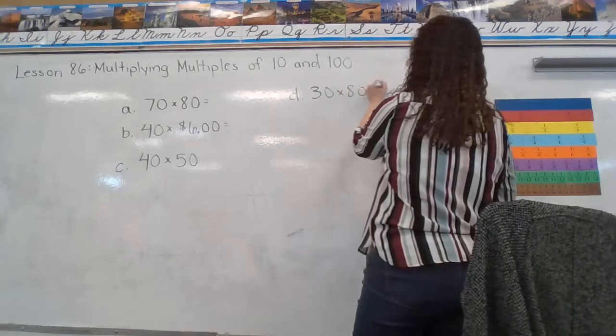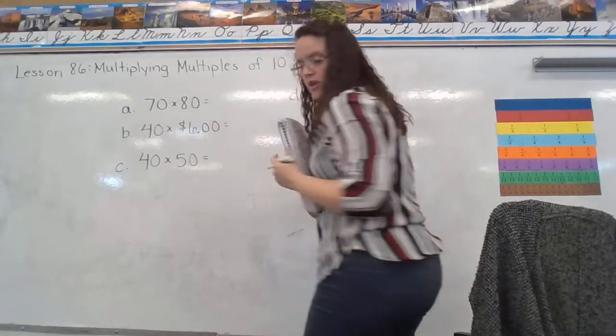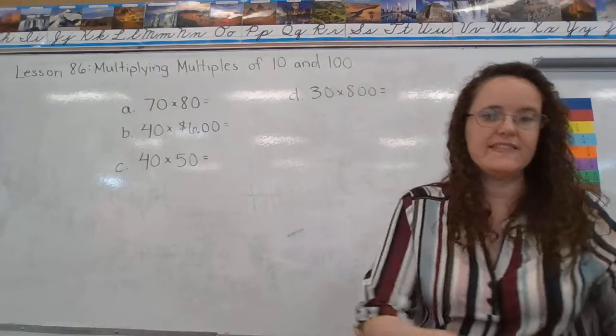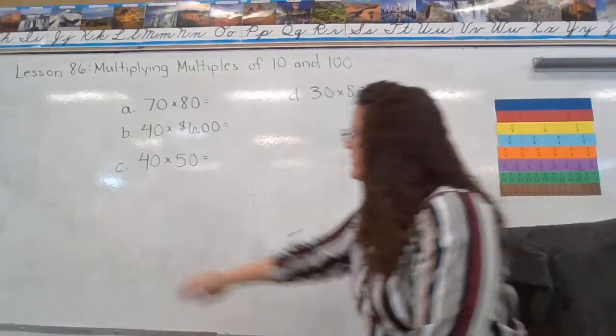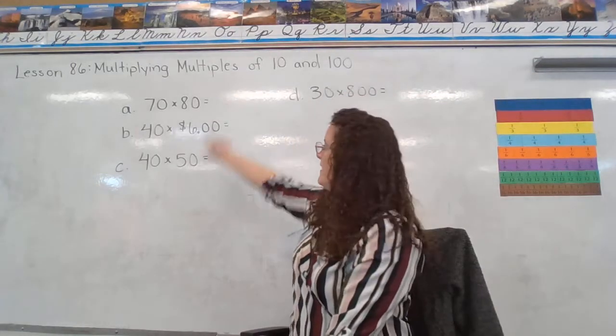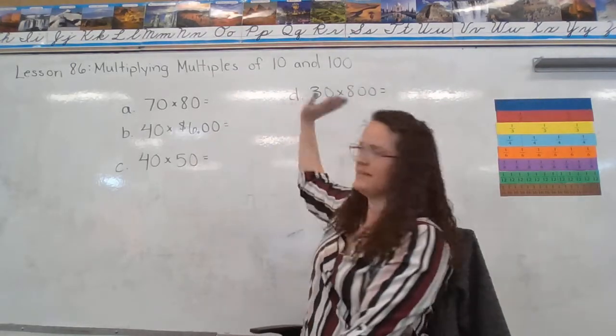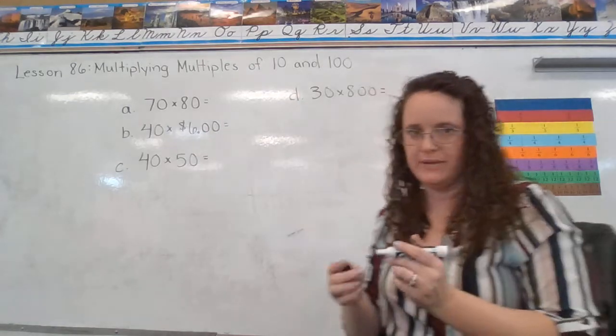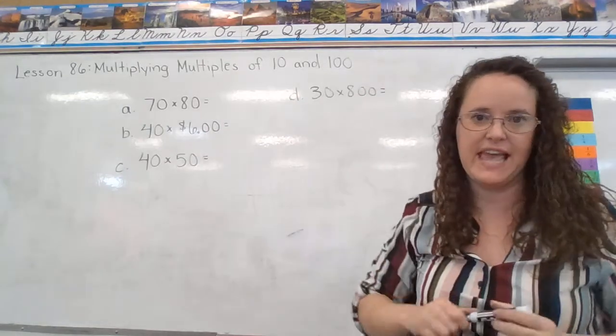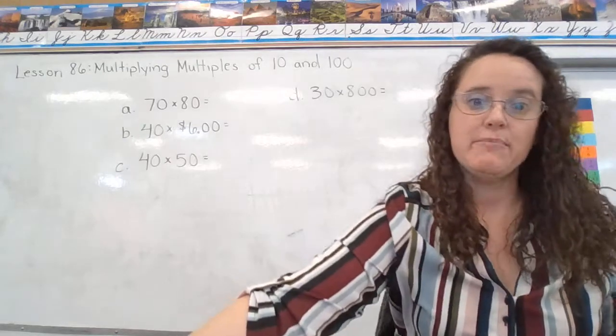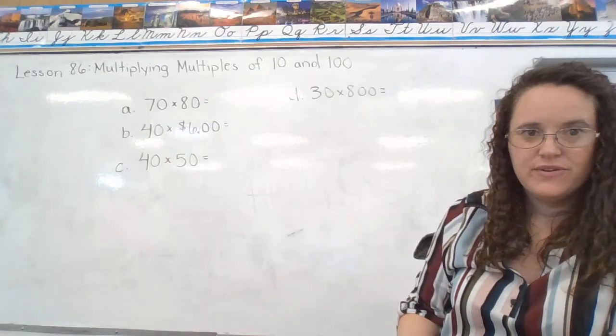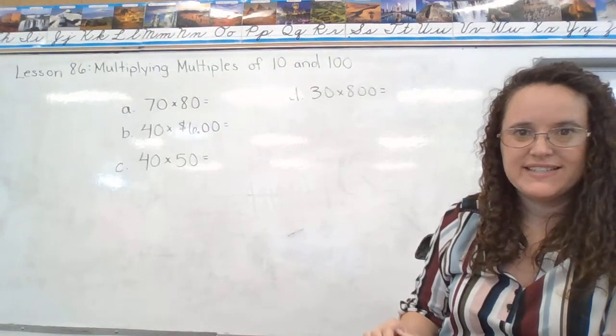Just 4 written practice problems. Go ahead and give those a shot. If you're looking at the textbook, I actually labeled mine wrong. This is A, this one's B, C, and D. If you're just looking at my board, no big deal. We'll go over the answers together at the end. Hit pause so you can try these on your own, and then play again when you're ready to see the answers.